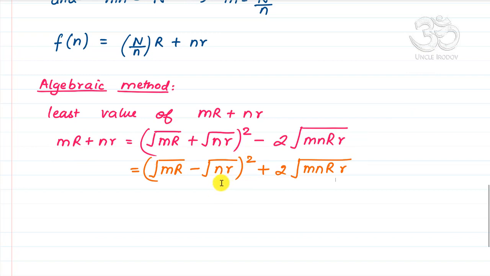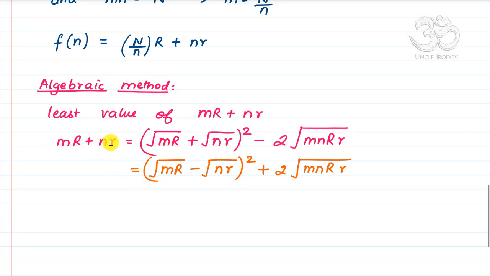And remember that when I want to find out the least value of this function, the one that I want to use is this orange way, right? So I want to write this mR plus nr in the way in which I have expressed the orange expression here. That's because now I know the least value of this square. I know that there is this number that has to be added to a square term, and square terms are always greater than or equal to 0.